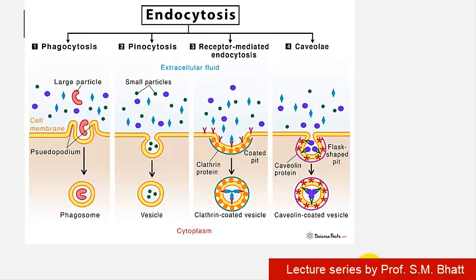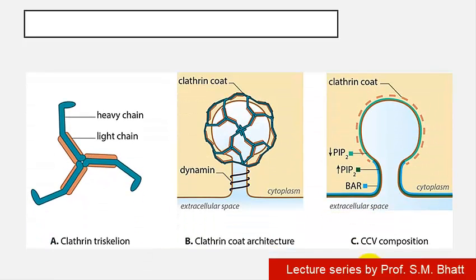Now you can see here receptor-mediated endocytosis. The best example is clathrin-coated vesicles, because clathrin can be rearranged again and again. They are recycled. They are not formed again and again, otherwise there would be lots of energy use. And what is clathrin?